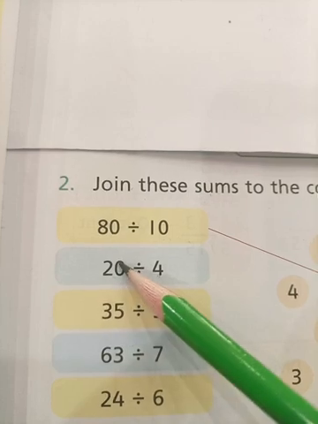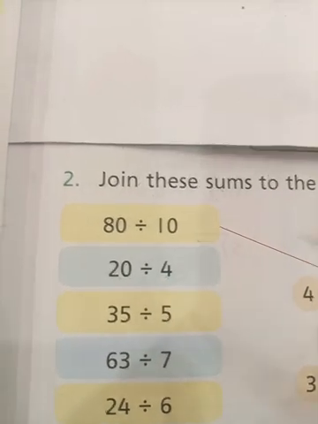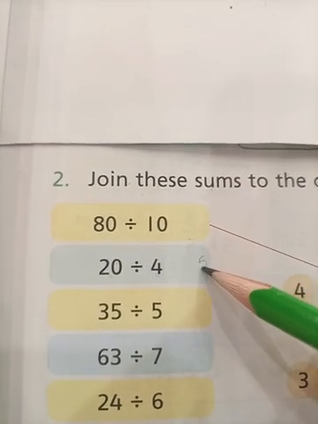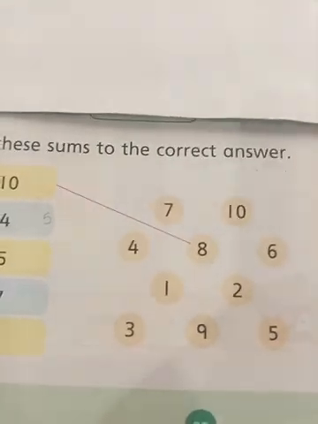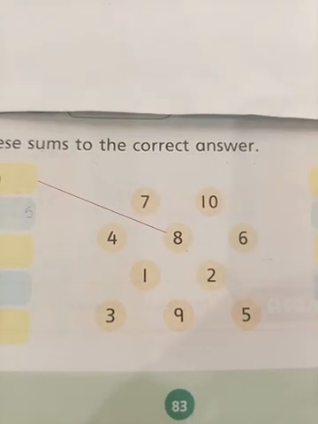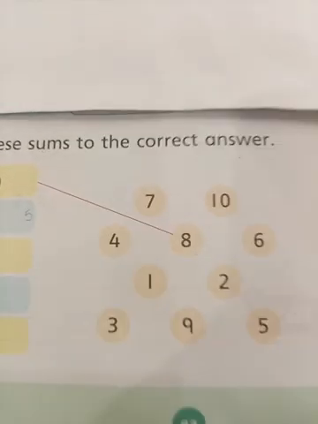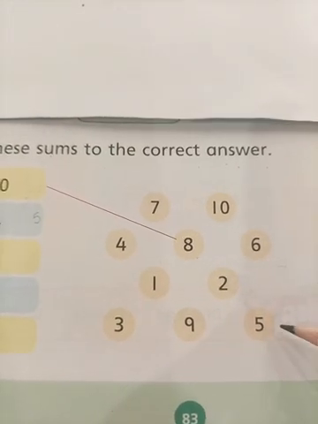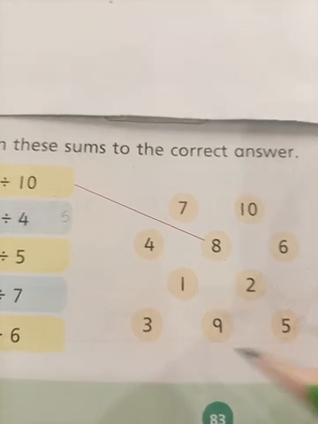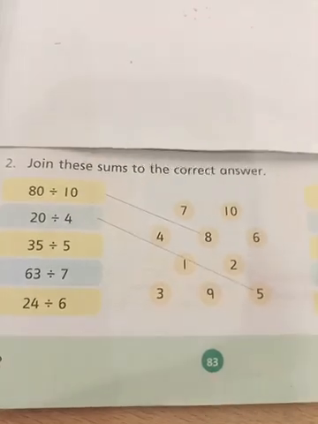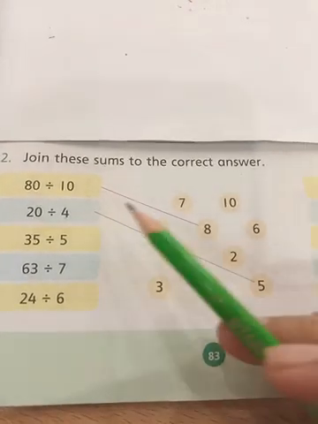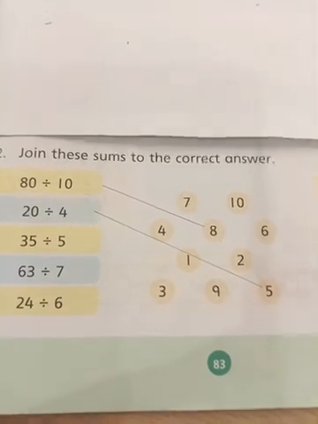So 4 fives are 20. Answer is 5. Let's find our answer 5 in these numbers. Can you see the number 5? Yes, here is our number 5 and I'm going to join this 5 by using a line with our sum. Look at this, students, we have joined our sum with our answer.